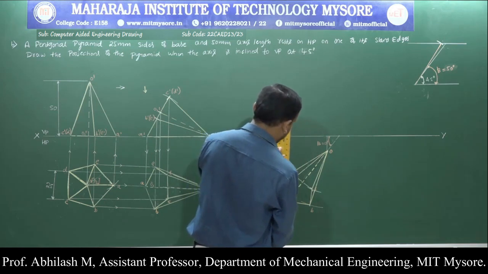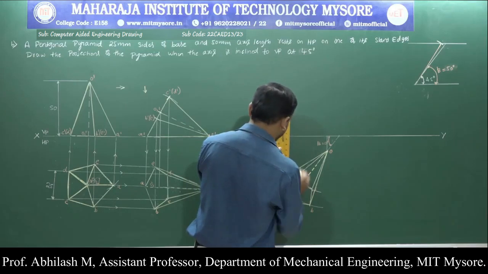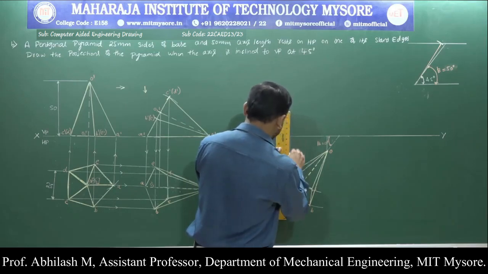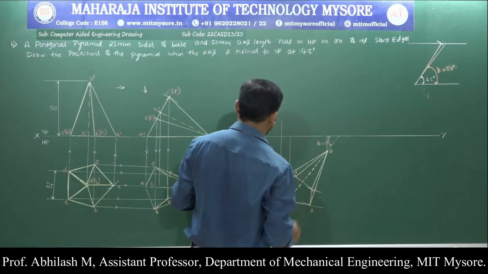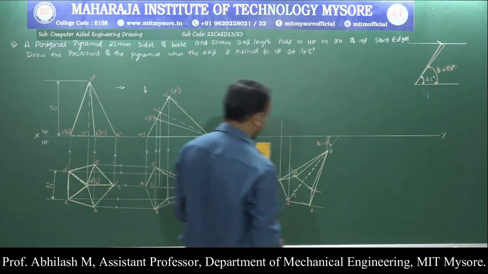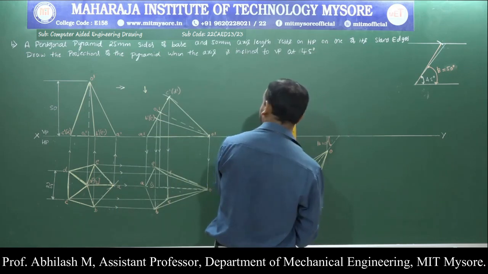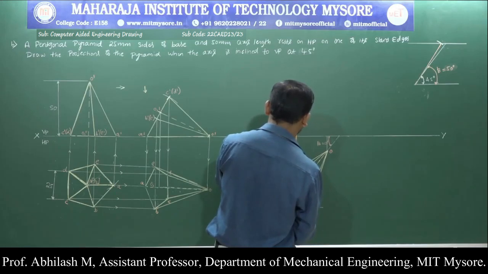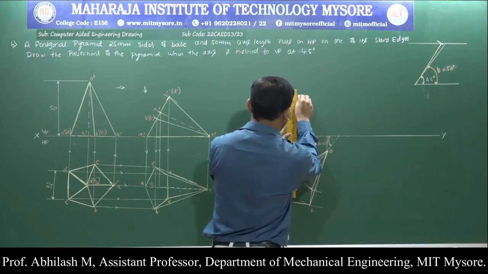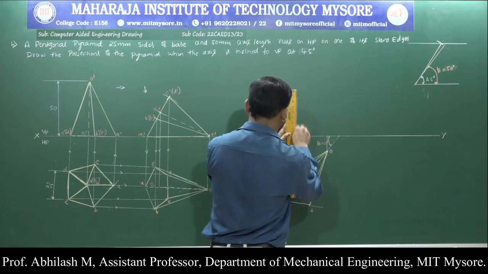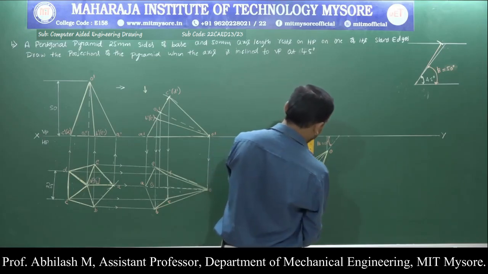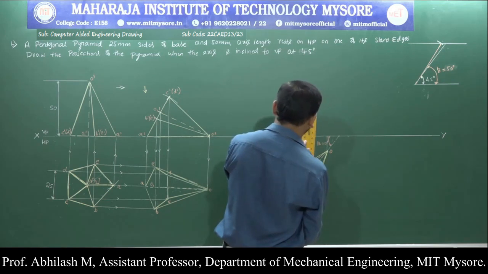From the point A, from the point D, I am supposed to draw the projection line. From B to C I am supposed to draw the projection line, which comes along the same line basically.